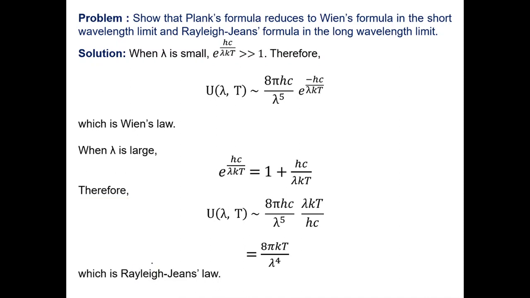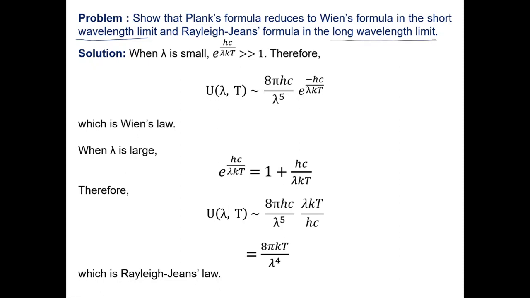So the first problem is: show that Planck's formula reduces to Wien's formula in the short wavelength limit and Rayleigh-Jeans formula in the long wavelength limit.